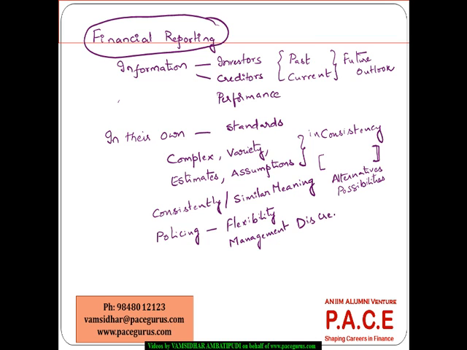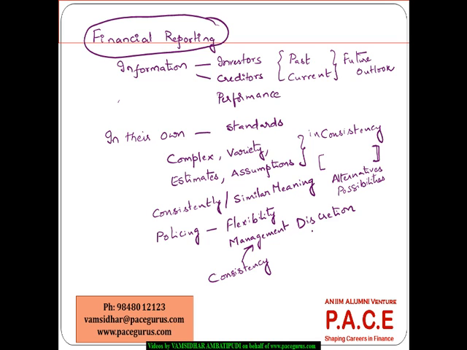So the intention of development of the standard should be in such a way that they should try to address almost all the transactions, bring about consistency in the various financial transaction reporting across the periods, and along with that provide some kind of flexibility so that the management can operate with its own estimates and assumptions which are more and more specific to their business.